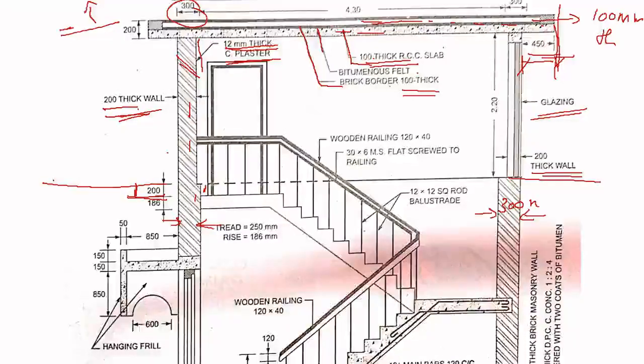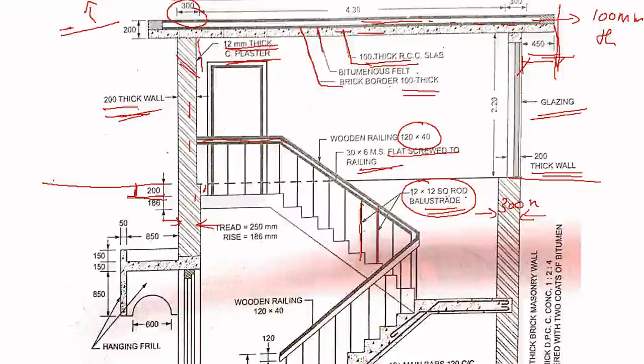Now, see, this is your door, and here this baluster is 12 cross 12 square rods. So all these vertical members are 12 mm by 12 mm cross section square rods. And the details of the railings are wooden railings 120 cross 40, and in the middle you have flat screwed railing for architectural purpose, right?